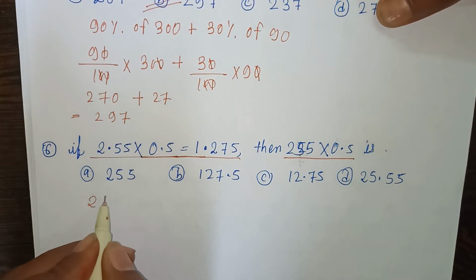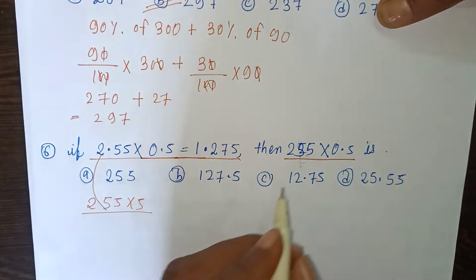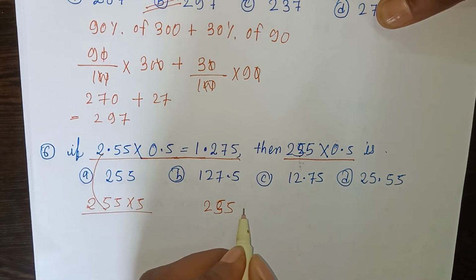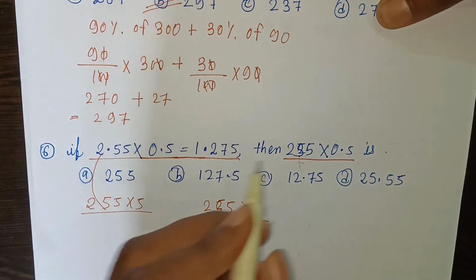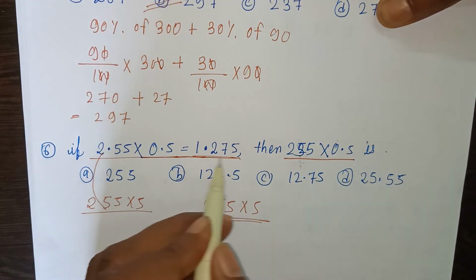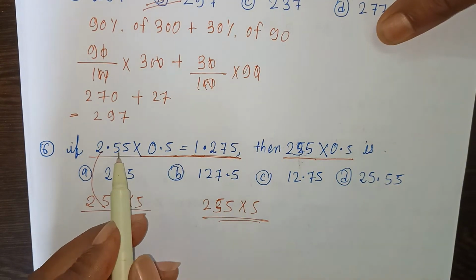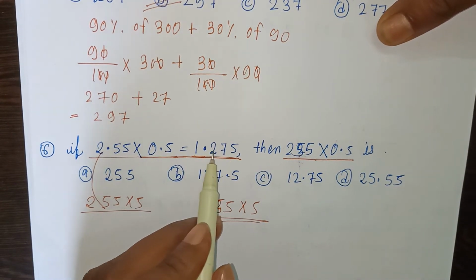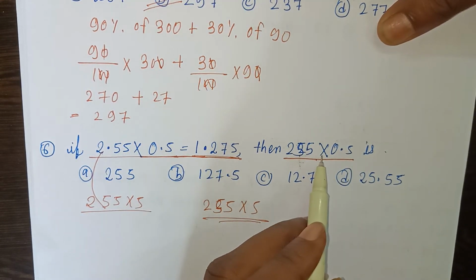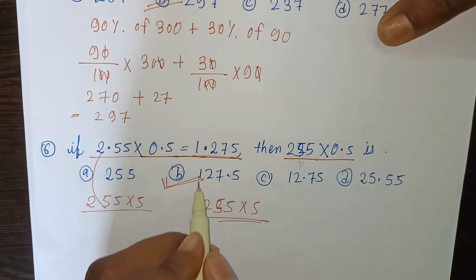If I remove the decimal, you will get the same digits, 2 5 5 and 5 multiply 5. So the answer will become the same, but only the place of the decimal differs. Here there are 3 digits after the decimal, and here there is 1 digit, so the answer will be, see very carefully, option B is correct.